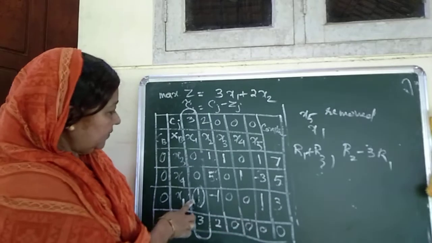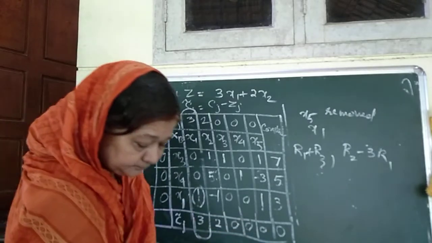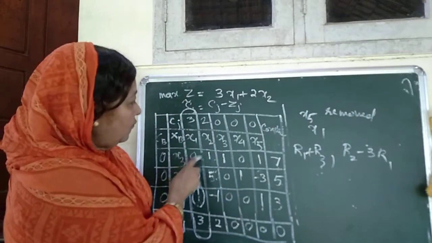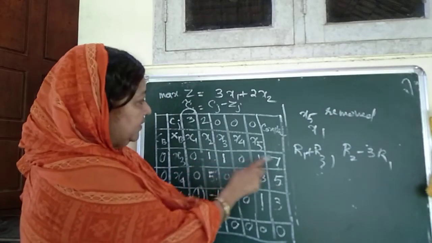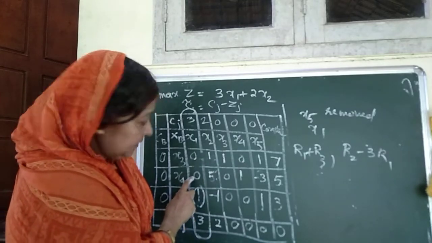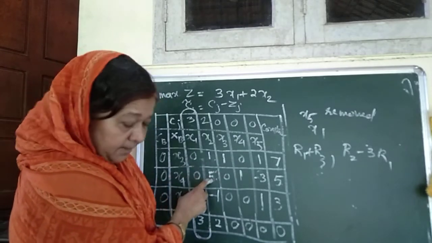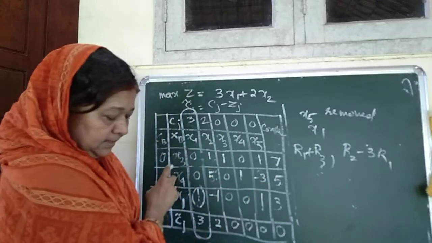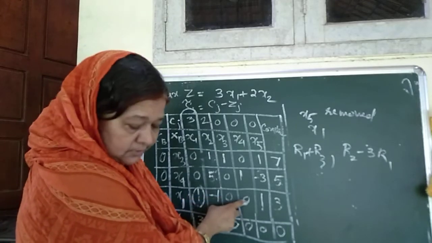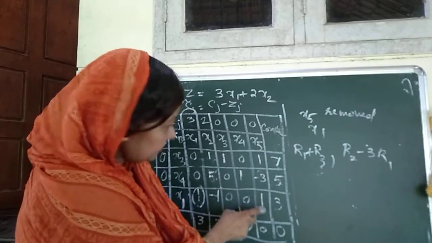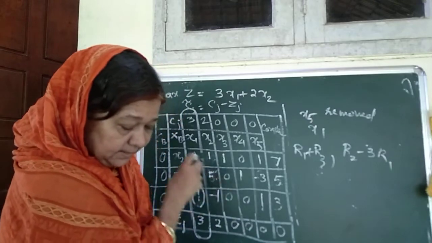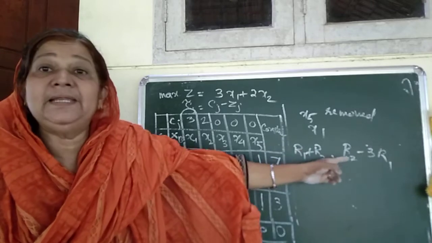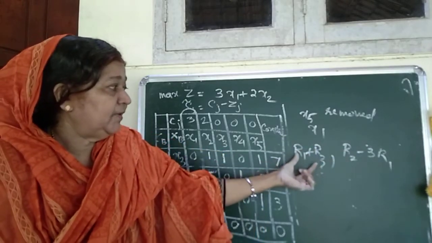So we get the second table: 0, 1, 1, 0, 7; 0, 1, 7. Then 0, 5, 0, 1, minus 3, 5. Then 1, minus 1, 0, 0, 1. Here the constant terms are also changed by this linear transformation, this pivot operation.